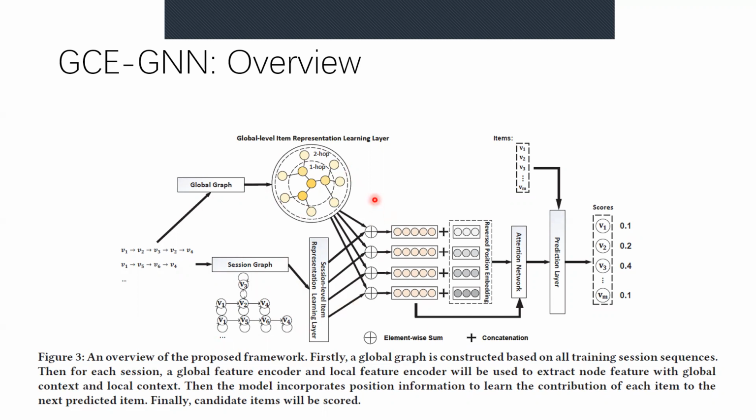These two representations are added together, plus a positional encoding to distinguish the order within the session. Then they get the final item representation, and use an attention mechanism to get the session embedding, and then basically do the same thing as in SR-GNN with cross-entropy loss optimization. So this is the overview. We're going to look at each part in detail.